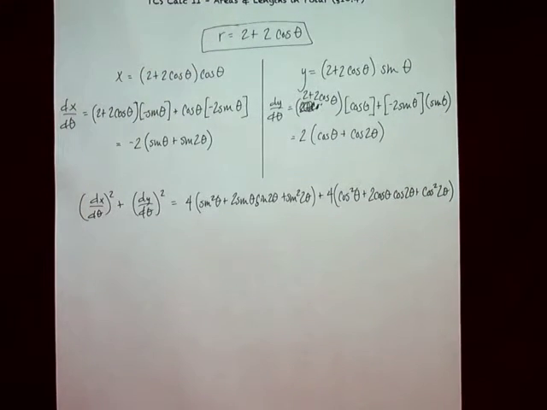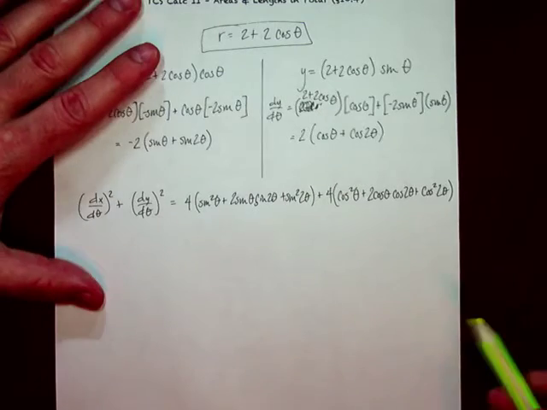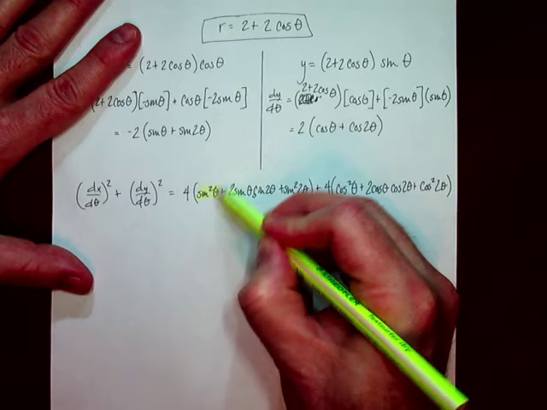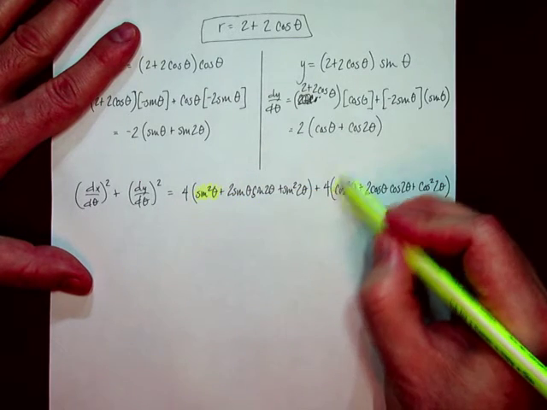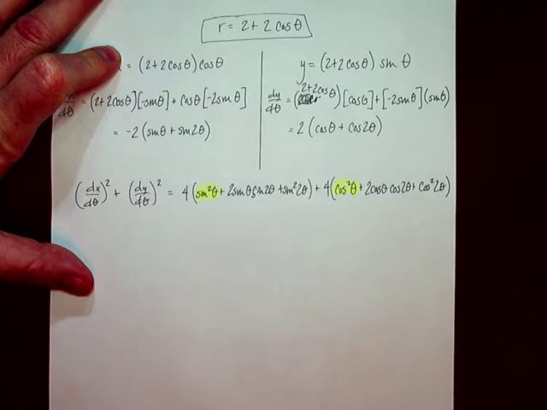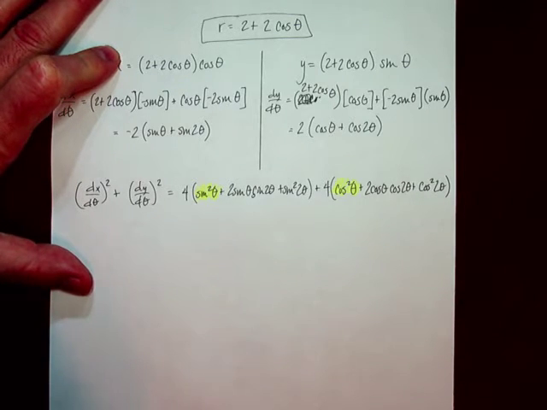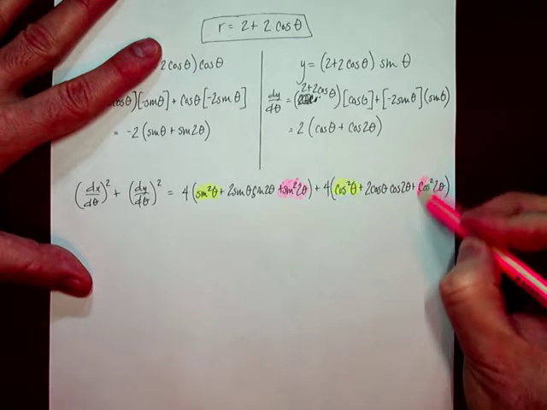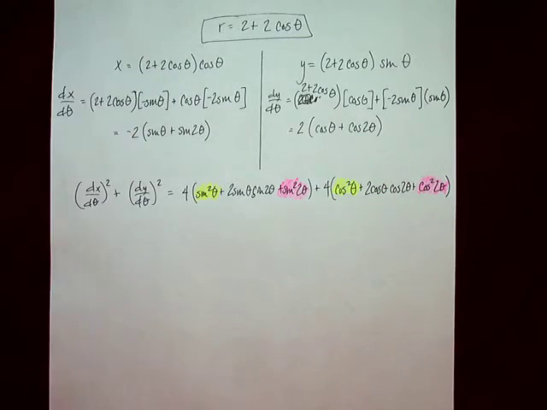Now, you're probably recognizing the fact that a whole lot of this is going to combine and by Pythagorean cancel out. When you distribute the 4, you're going to get 4 sine squared. When you distribute the 4, you're going to get 4 cosine squared. Those obviously will go together, okay? When you distribute, you're going to get 4 sine squared 2 theta and 4 cosine squared 2 theta. Those are going to combine.